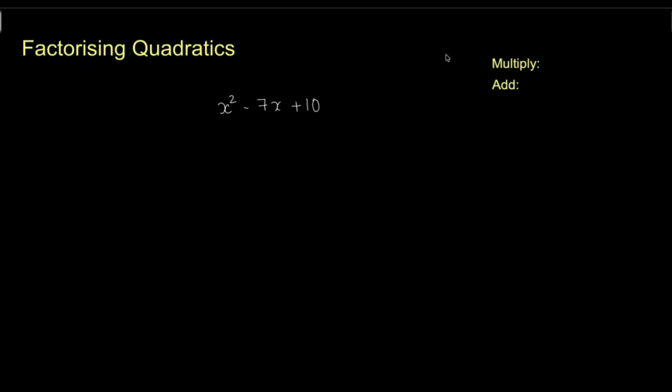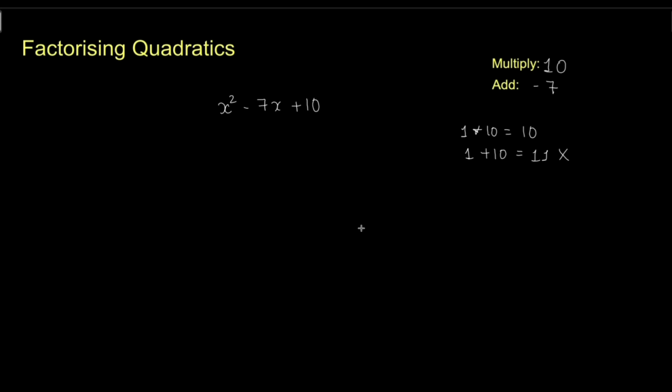x squared minus 7x plus 10. Again, we need two numbers. They must multiply to 10 and they must add to negative 7. Let's look at some pairs. 1 and 10. 1 times 10 is 10. 1 plus 10 is 11. This is not correct.